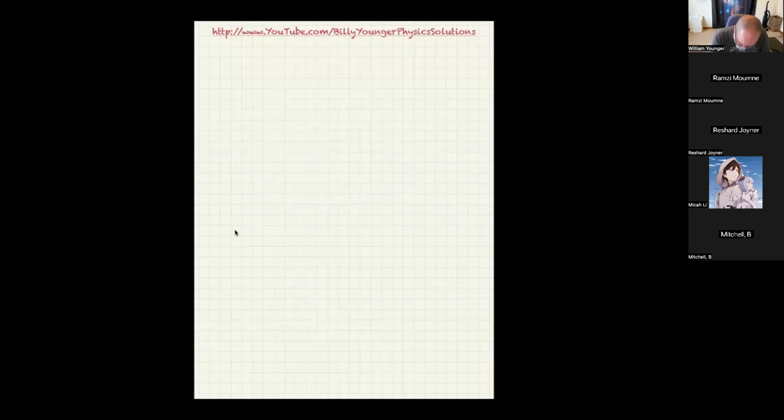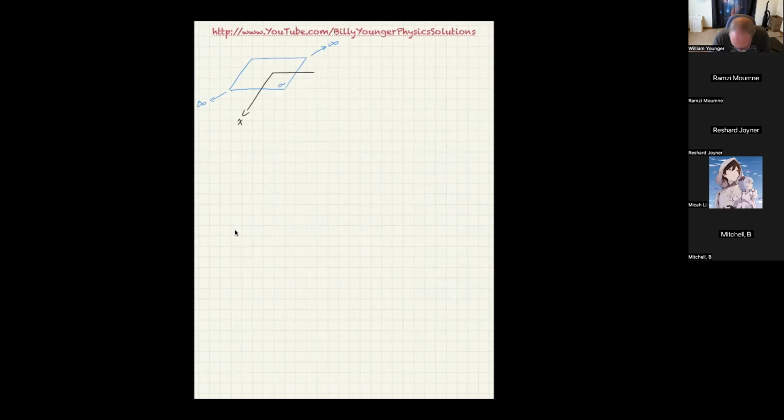So first off, imagine an infinitely large plane like this, so it goes out to infinity. And we're going to imagine that it has a charge per unit area sigma. Now I'm going to put a coordinate system on it like this.